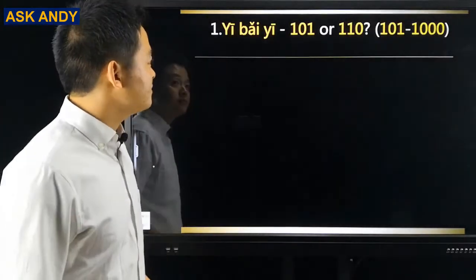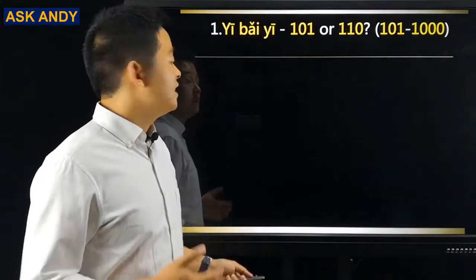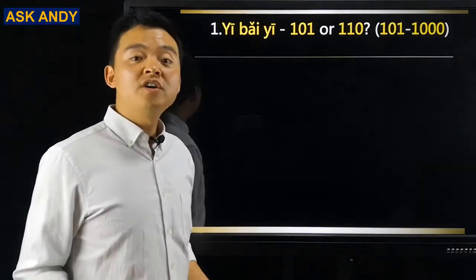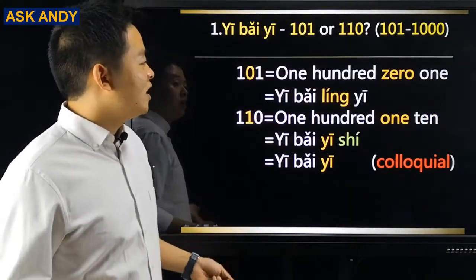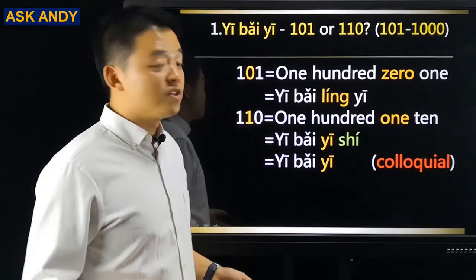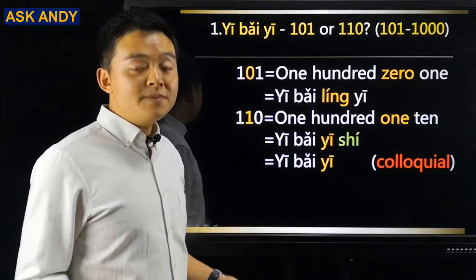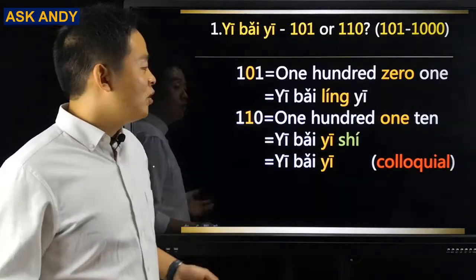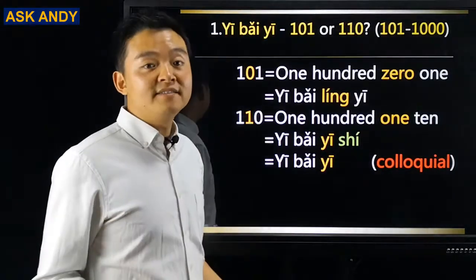Let's move on. So right now, it's the moment for me to answer this question. 110 refers to 101 or 110. So 101, we read it as 101. But what about 110? So for 110, we read it as 110.